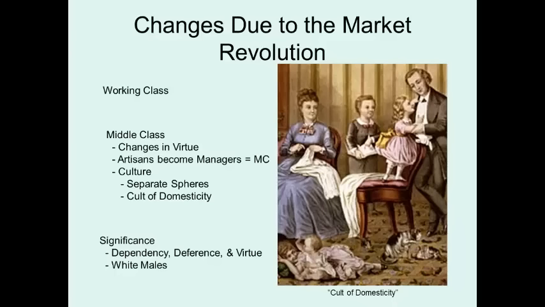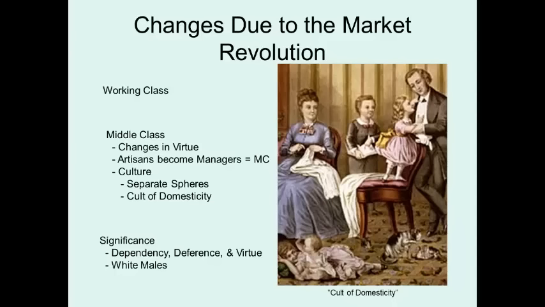You might need to get his permission to get married. He would tell you where to live. Now, that deference that you're showing to your boss by doing what he says is going to go away, and your boss suddenly just becomes your boss. You don't have to ask his permission to go on a date. You're also going to see people demanding respect. You may be my boss, but it doesn't mean you get to treat me badly.